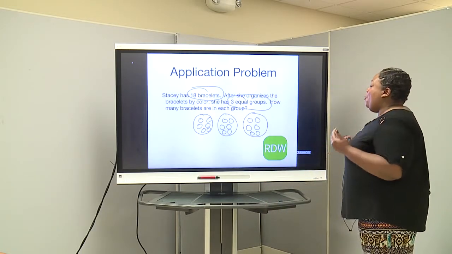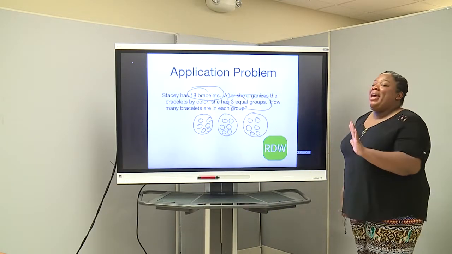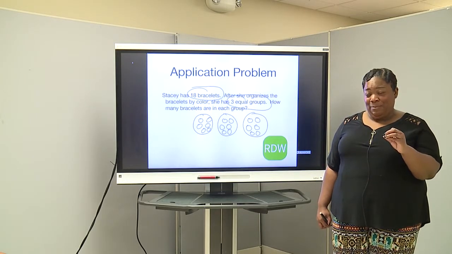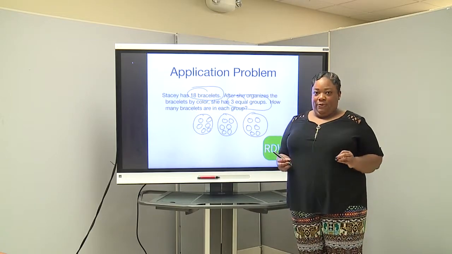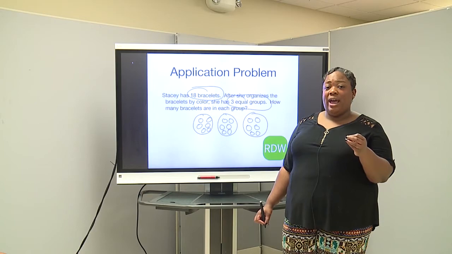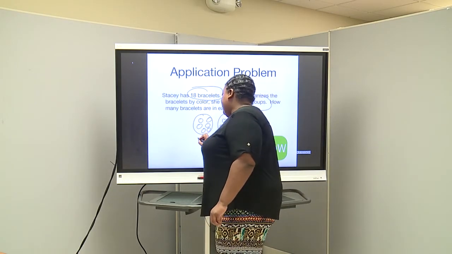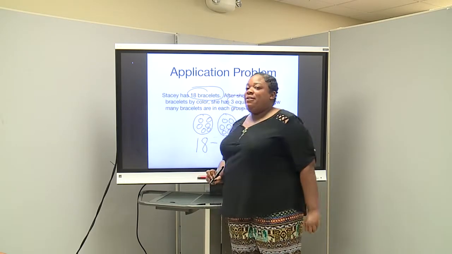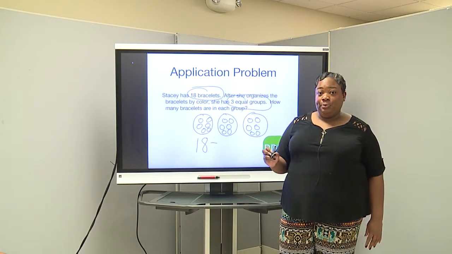So we can actually use this picture to make a division sentence, but we need to know what those factors mean, all right? What did we start off with? Remember, in division, you start off with your total, okay? We had 18 total bracelets, and we divided them by what?